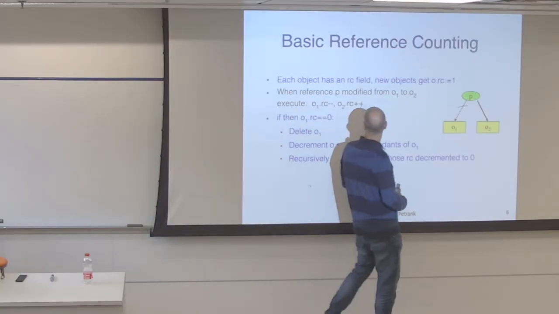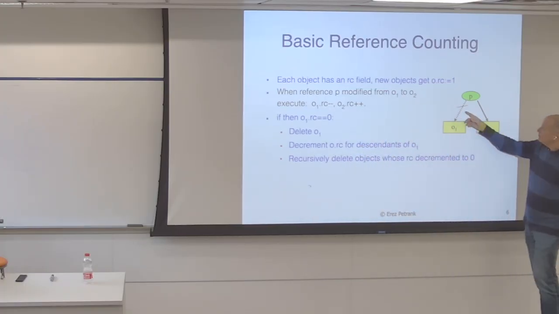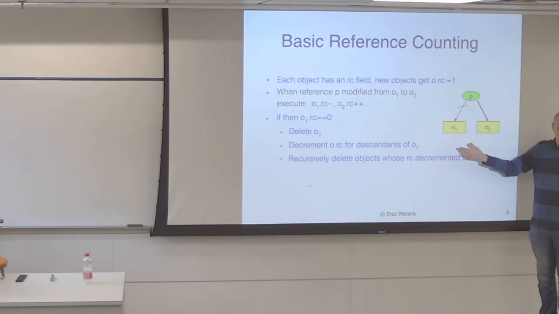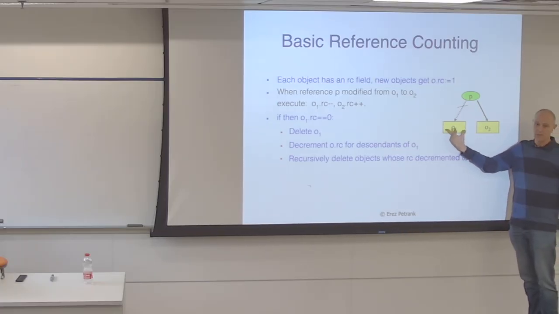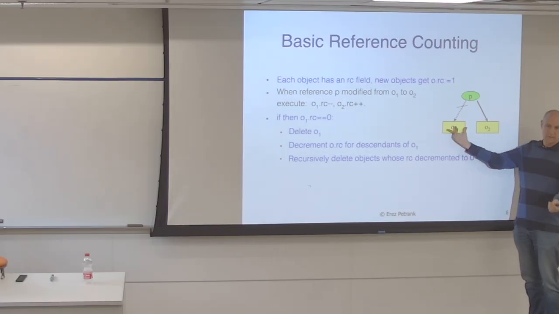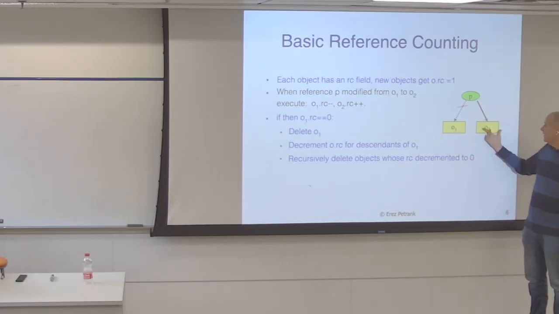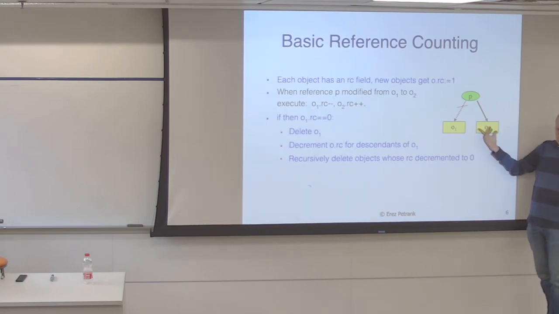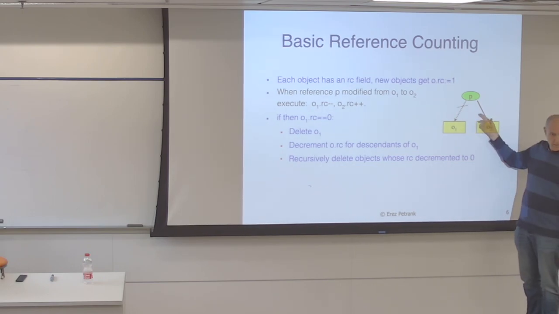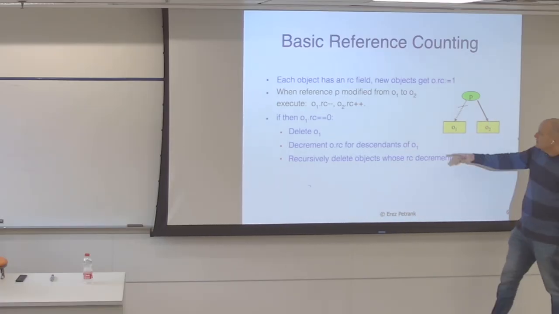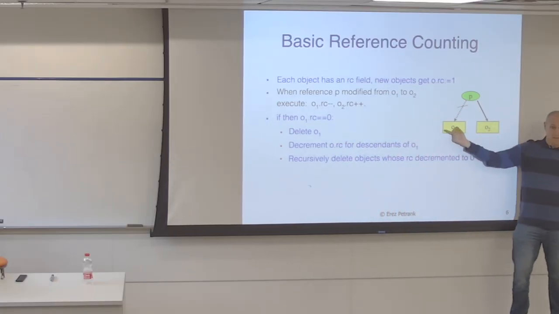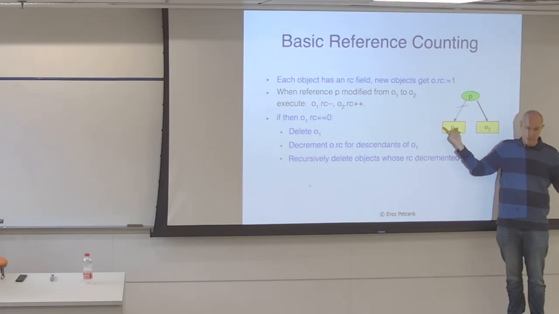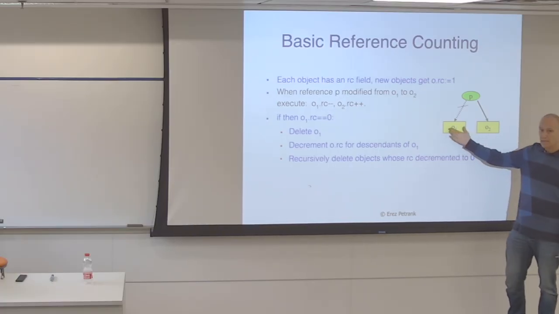In the beginning, an object would get reference count 1, and then whenever a pointer is modified, the reference count of the object that lost a reference is decremented by 1, and the reference count of the object that obtained the reference is incremented, in this single modification of a pointer. And if this was the last pointer, so the reference count becomes 0, then we can reclaim it.